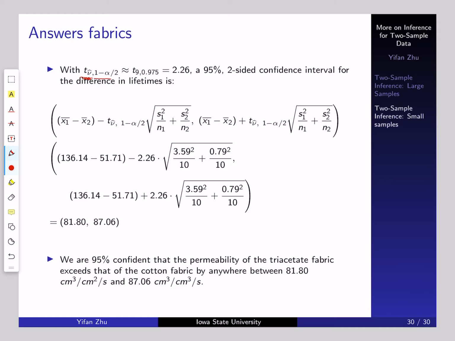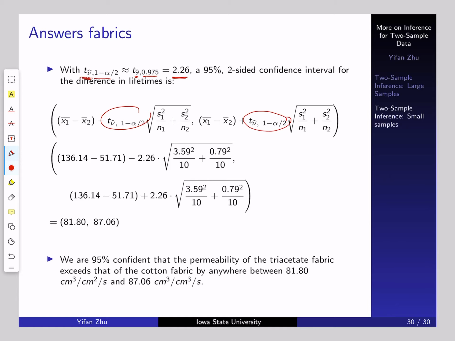And again, we use 9 to replace 9.87. And 1 minus alpha over 2 is 0.975. So that gives us a quantile of 2.26. This is the quantile used in the two-sided confidence interval.